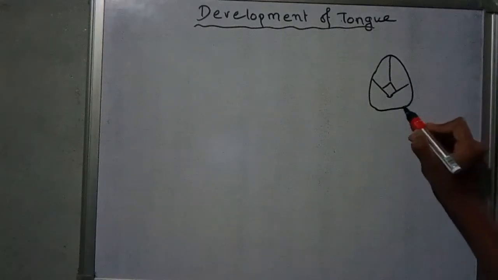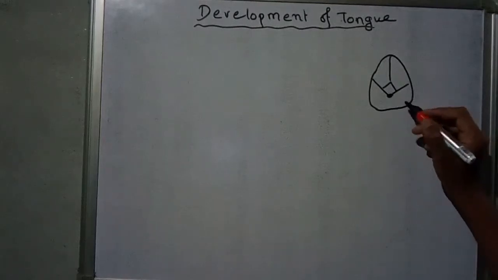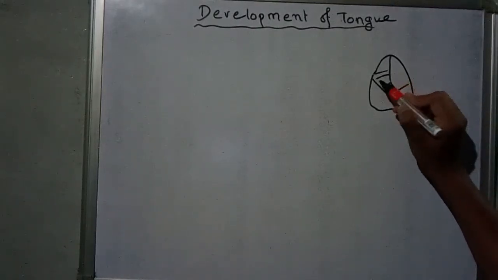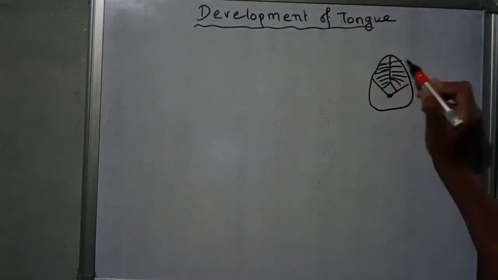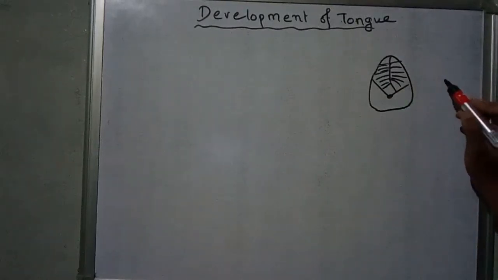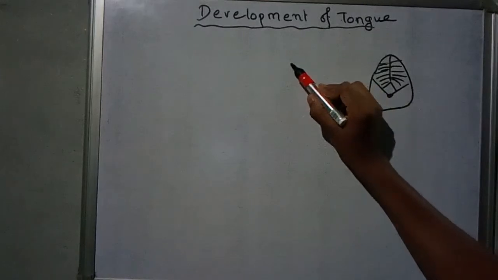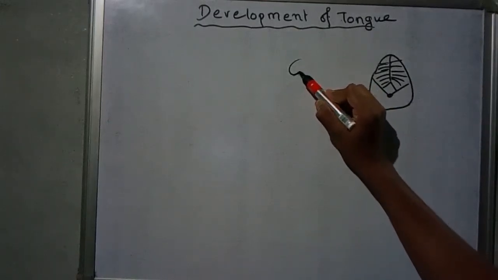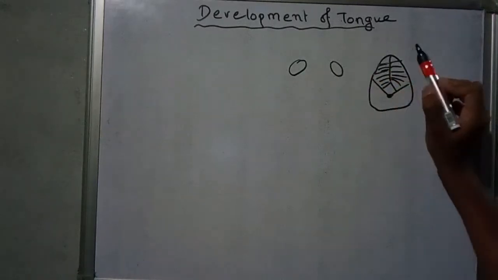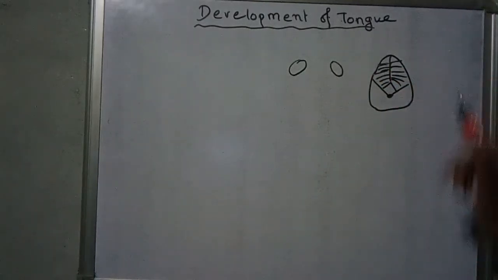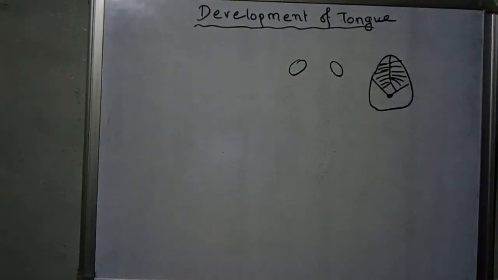So this is the lingual swelling from this part. The anterior two-third of the tongue is formed by the tuberculum impar and the two lingual swellings.